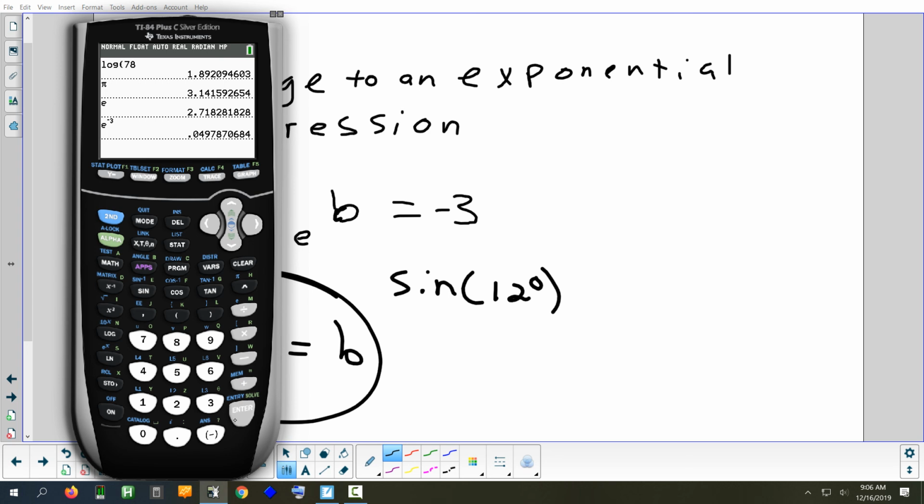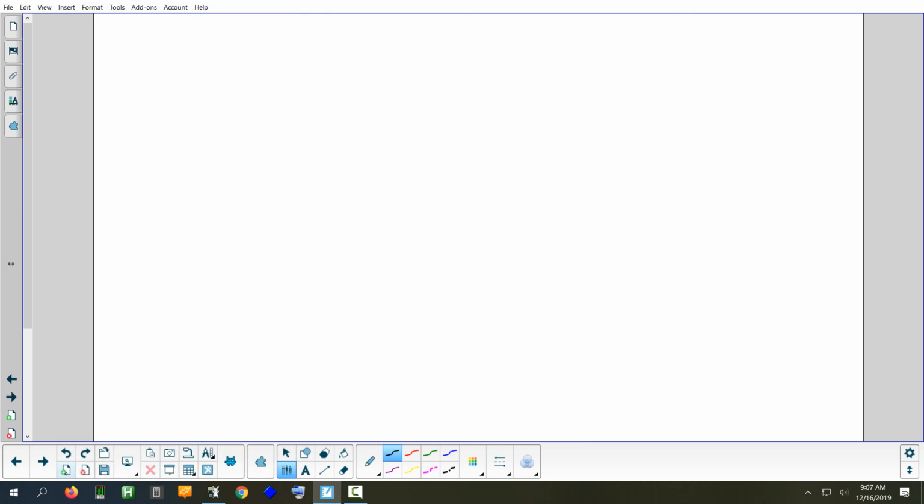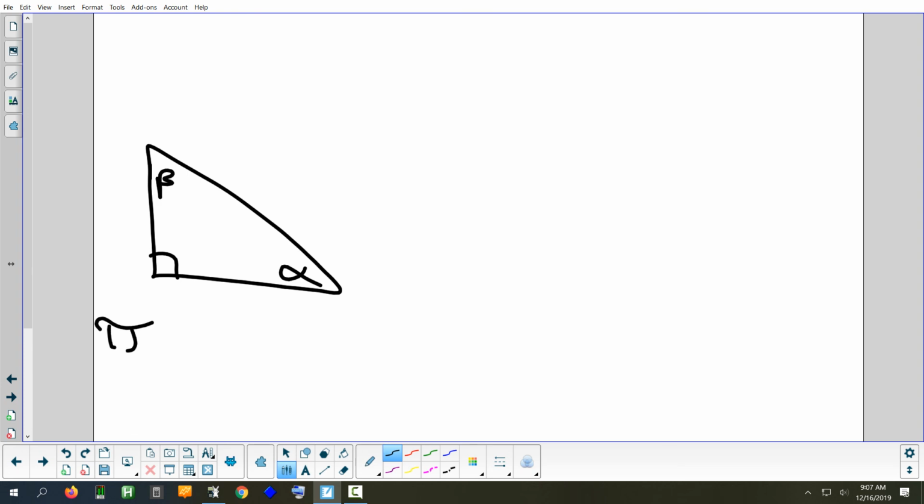So it's important, anytime we're doing something with logs, you would never see me use E as a variable. Ever. Because E is the number 2.718. It's kind of like in geometry, you would never use the Greek letter pi as a variable. Because pi stands for something, 3.14. When we've done trig, we've used Greek letters, like maybe alpha, beta, but you never saw me use the Greek letter pi for an angle.